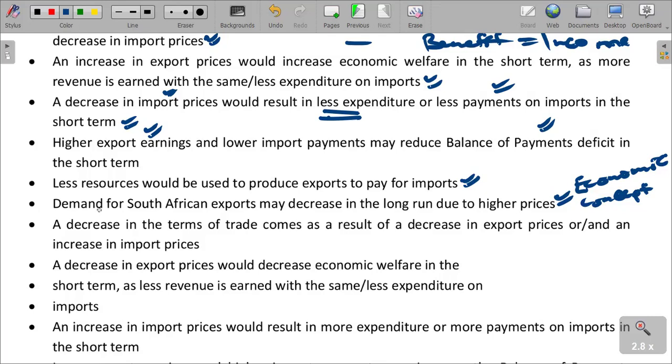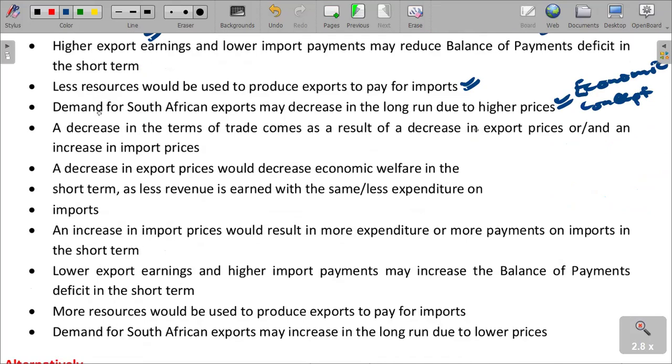At the end of the day, there is going to be a downturn in demand, because when prices keep on soaring, commodities end up being unaffordable to people, and therefore demand decreases.